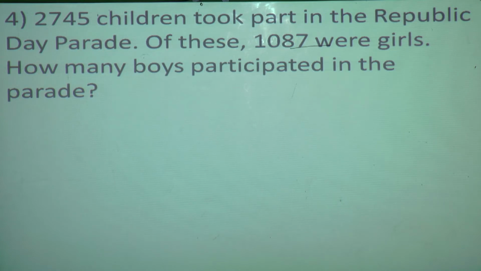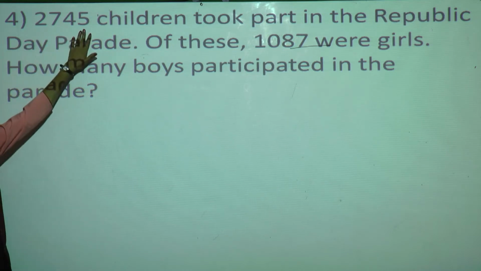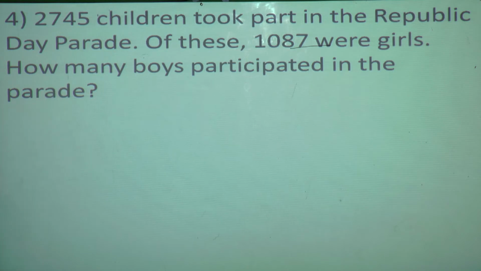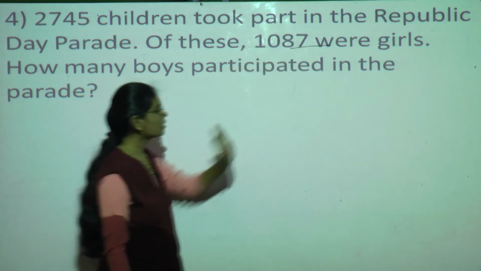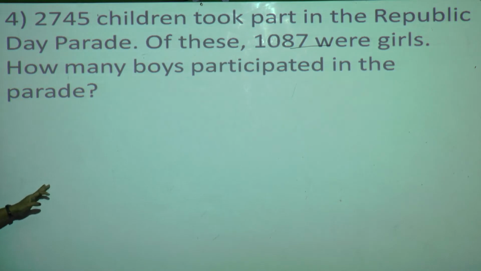How many students were there for the Republic Day parade? There were 2745 students on the Republic Day. Okay. Of these 1087 were girls, and the question is how many boys participated in the parade.